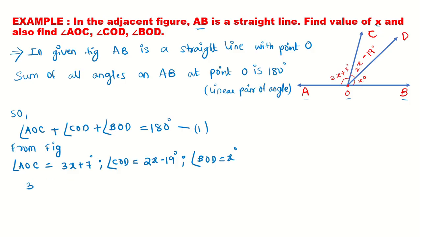Now it will become 3x plus 7 plus 2x minus 19 plus x, which is equal to 180 degrees. Now as you can see here, we have x terms and numerical terms. So sum up all the x terms and all the numerical terms. See, 3x plus 2x plus x, how much? 6x.